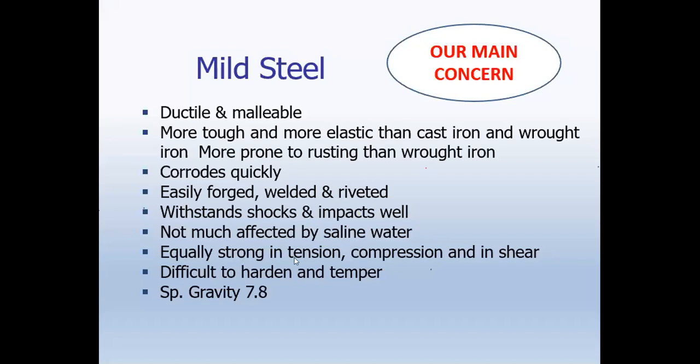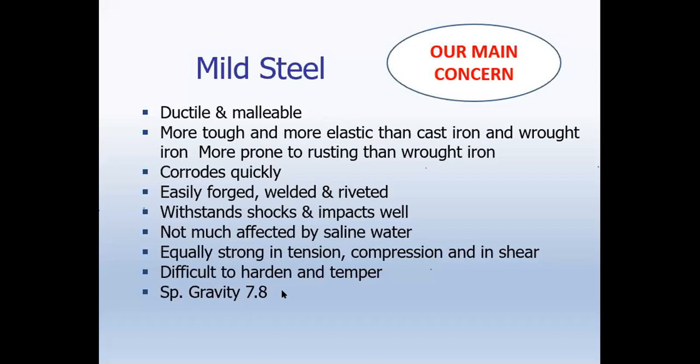With respect to tension strength, as well as compression strength, we say it has almost equal strength in tension, compression, as well as in shear. With respect to specific gravity, you see that it's about 7.8.